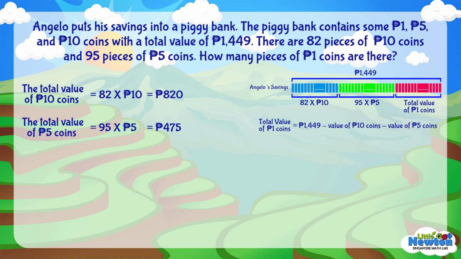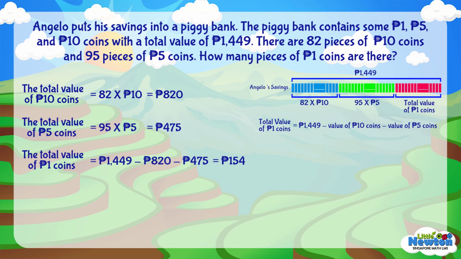Also from the question, we know that all coins have a total value of 1,449 pesos. The total value of 1 peso coins is equal to 1,449 pesos minus 820 pesos minus 475 pesos equals 154 pesos.